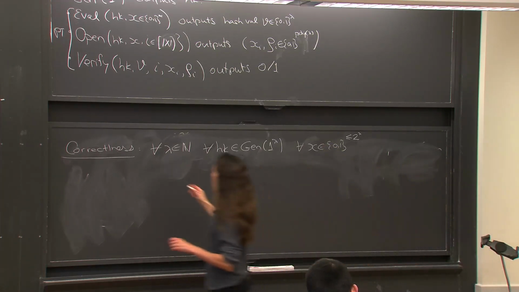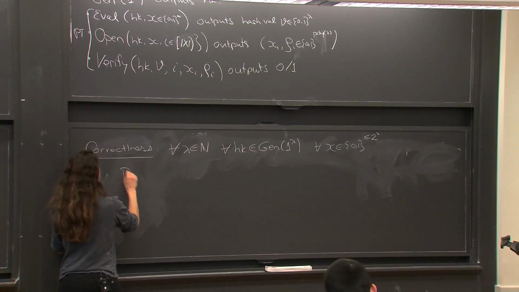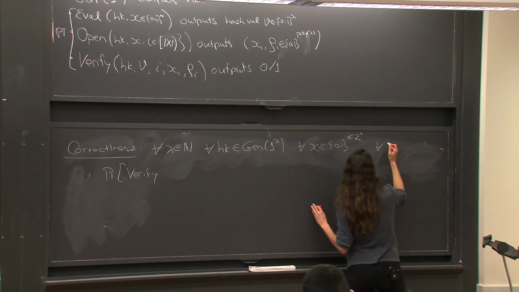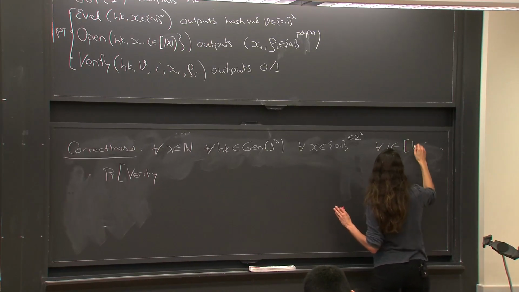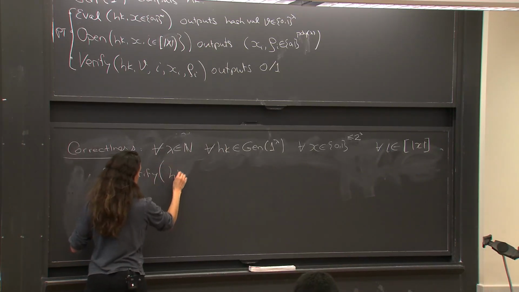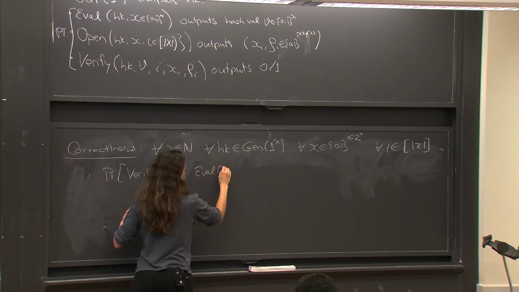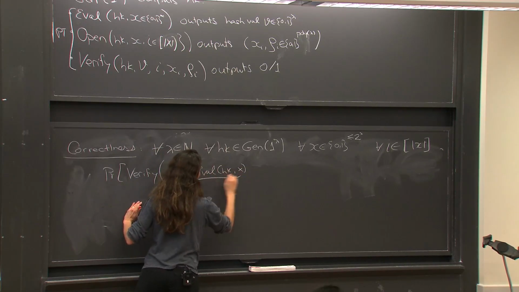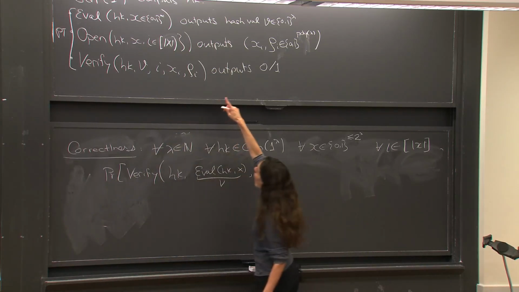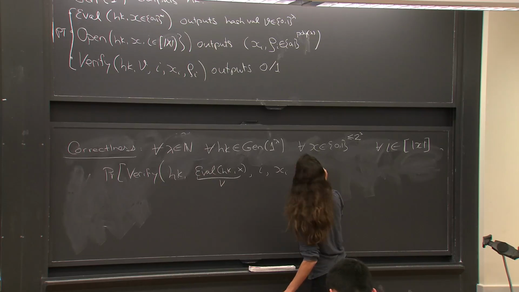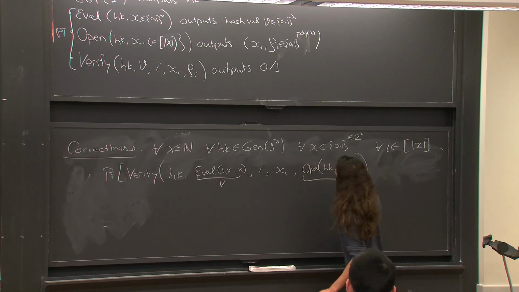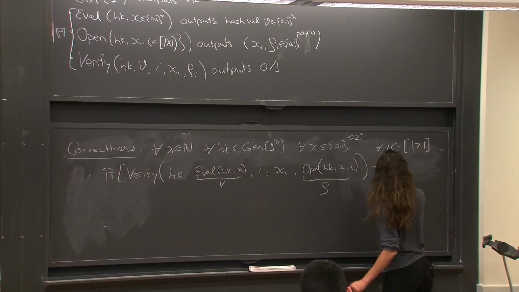So for every x, what we want is that the probability that verify, oh, I forgot to say, for every i, the probability that verify on hk, eval hk of x, this is v, what else do I have? i, xi, and rho i, which is open, this is the rho, outputs 1 with probability 1.